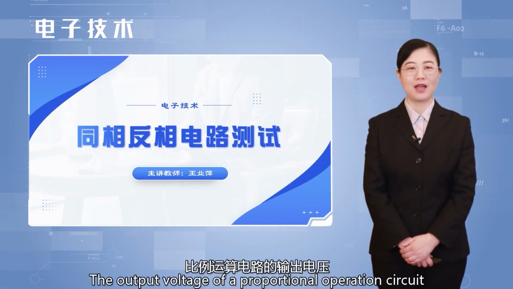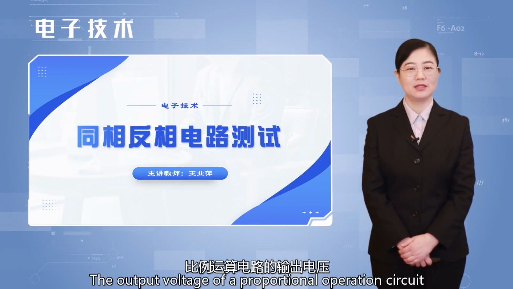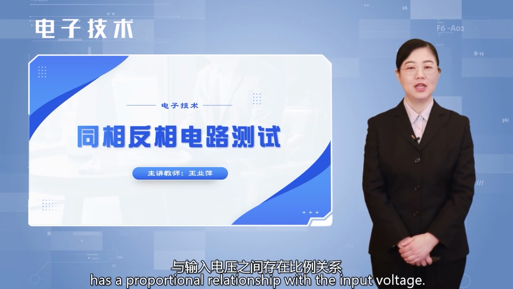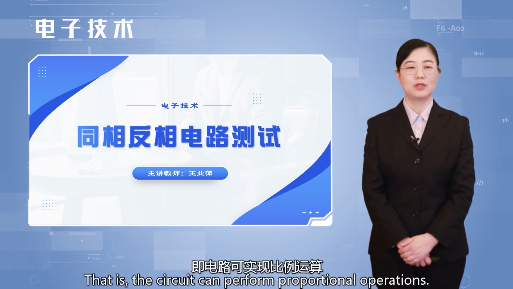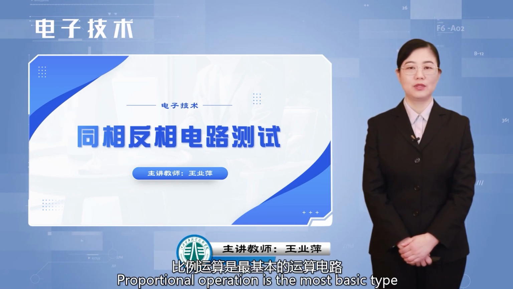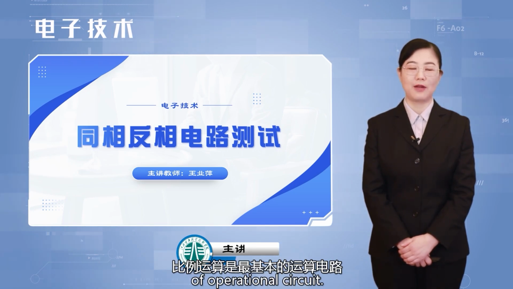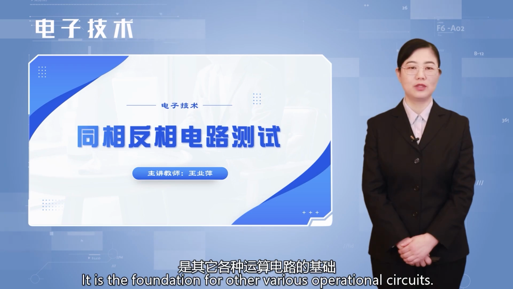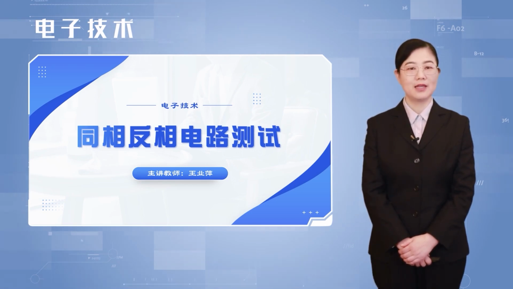Classmates, the output voltage of a proportional operation circuit has a proportional relationship with the input voltage. That is, the circuit can perform proportional operations. Proportional operation is the most basic type of operational circuit. It is the foundation for other various operational circuits.